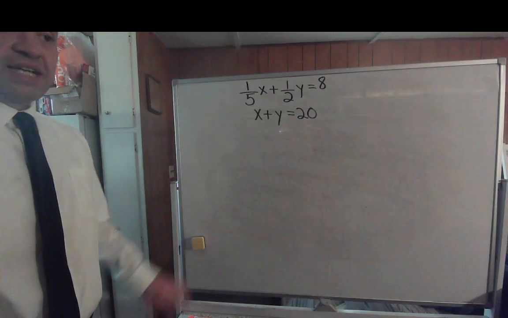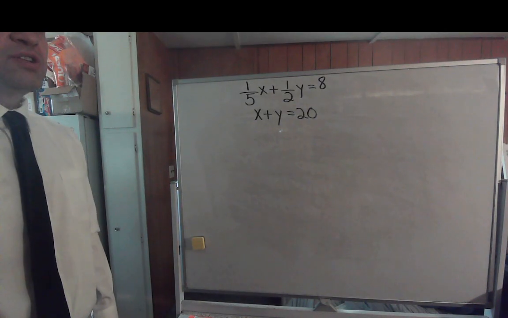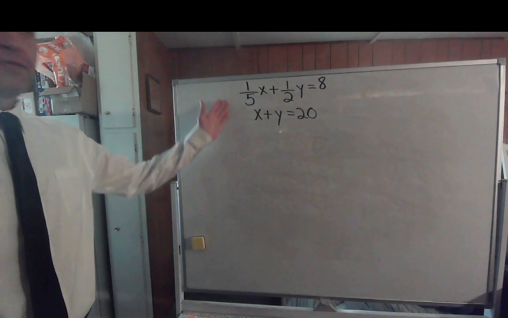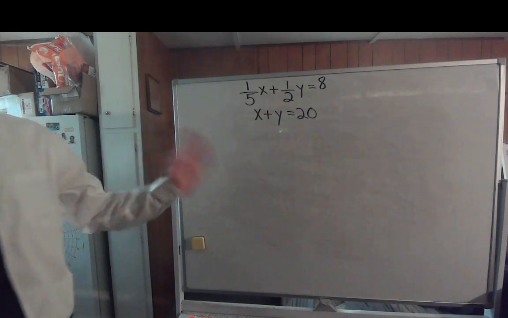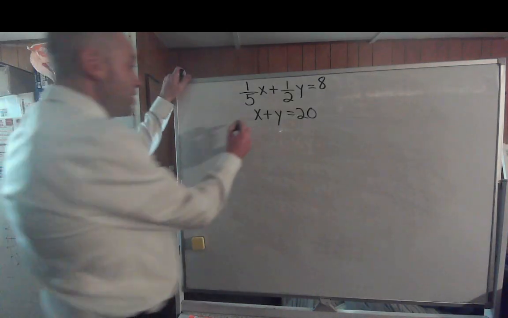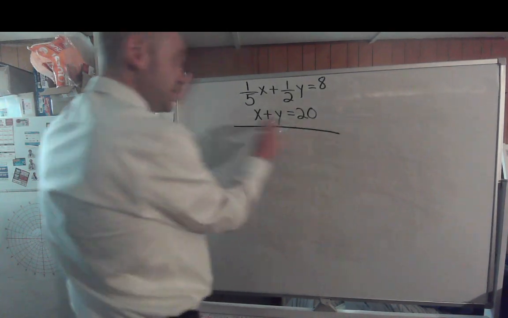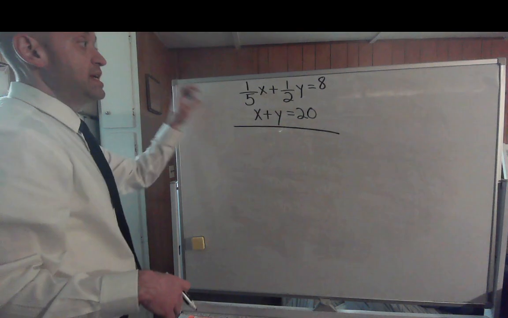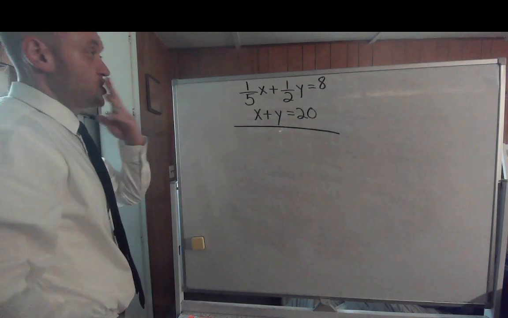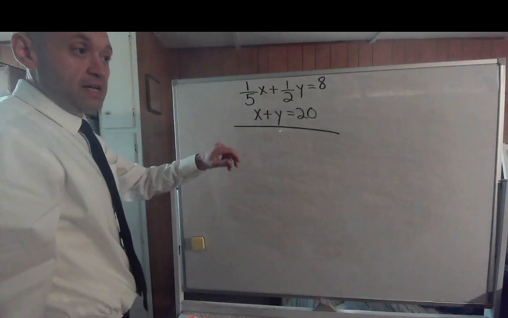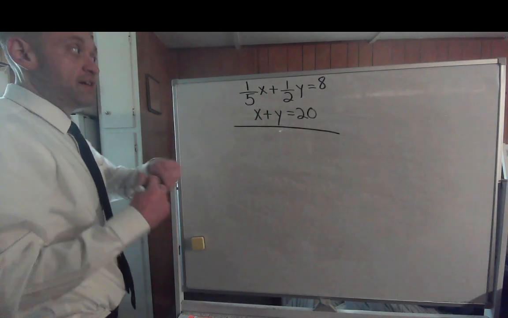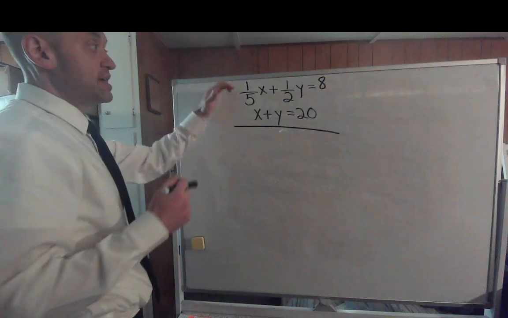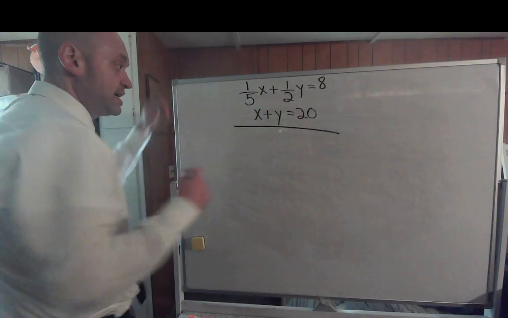Well, much like decimals, if you have fractions, your first goal should be to get rid of the fractions. So the second equation is just fine, but we need to multiply the first equation by the common denominator. Common denominator of 5 and 2 is 10. So multiply the entire first equation by 10.